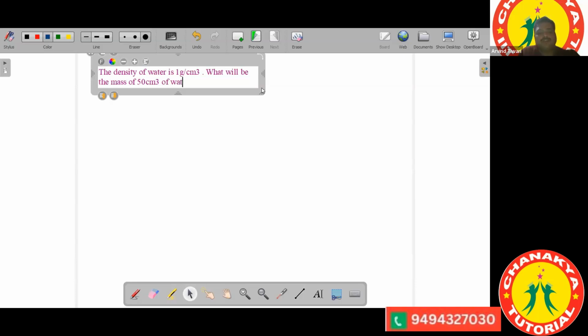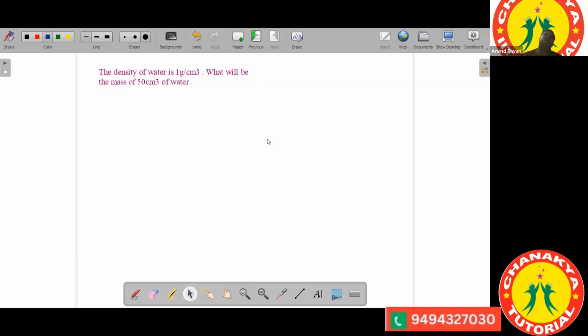This one is a question of mathematics, not even of physics. You can solve this quickly. The density of water is 1 gram per centimeter cube. What will be the mass of 50 centimeter cube of water? So solve this. After this, we have another concept, that is relative density, that we will be doing in the next class, or if you have time, we can do it right now. Complete it quickly.